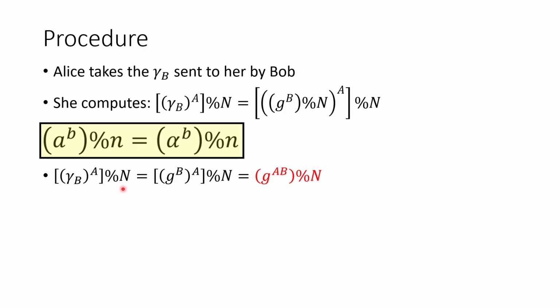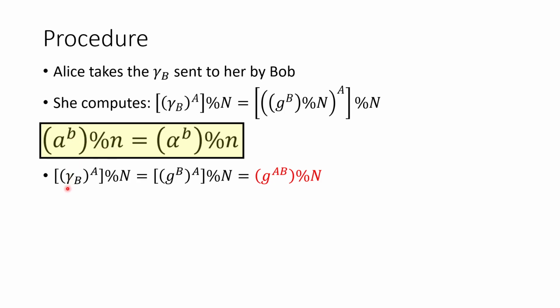So what we notice is that this here is the property of a residue, right? That's why we called it gamma b. And so it's similar to alpha in this property here. What this formula is telling us is that when there's a residue raised to some power, mod n, it's as if you're raising the original number, which we got this residue from, to that power, and then mod n.